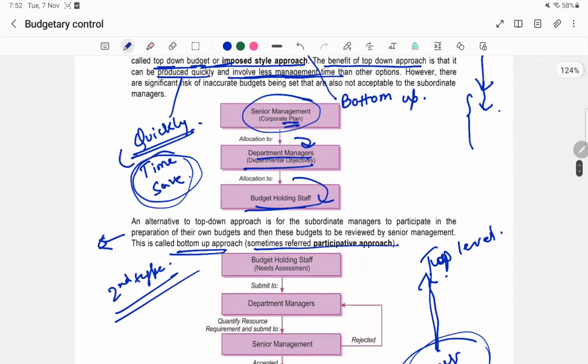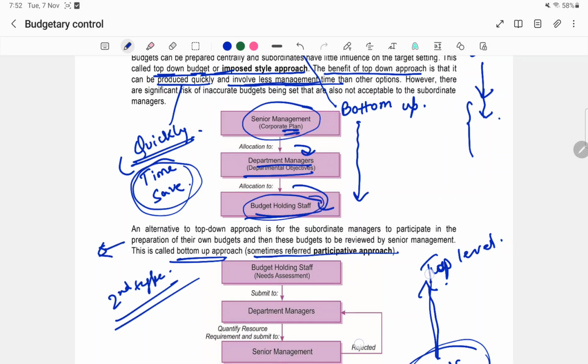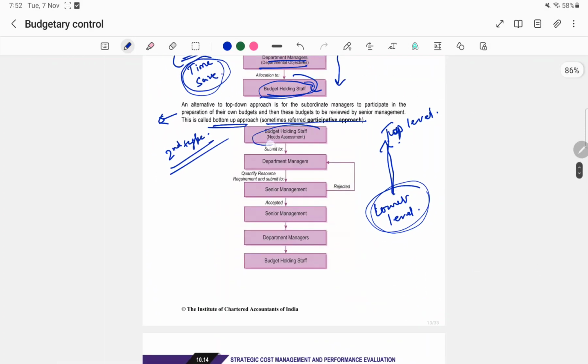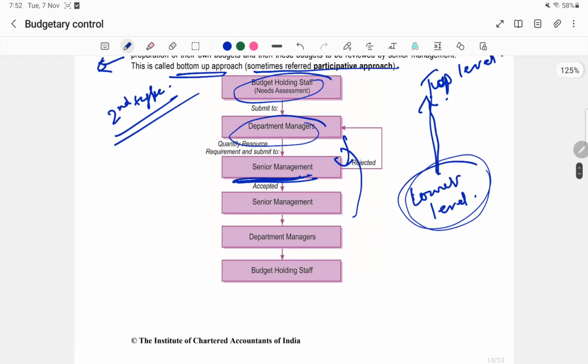So in this, see, there it was from top to bottom, the budget holding staff was at the lowest, but here the budget holding staff itself will prepare the budget and then it will be sent to the senior management for approval. Then if the senior management accepts the budget suggested by the budget holding staff, that is the lower level, then the top level will accept and communicate it. But if it is rejected, then it will be sent back.